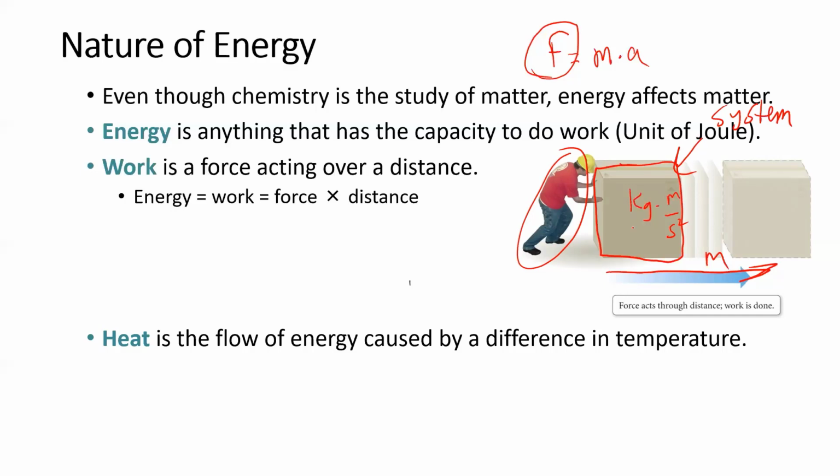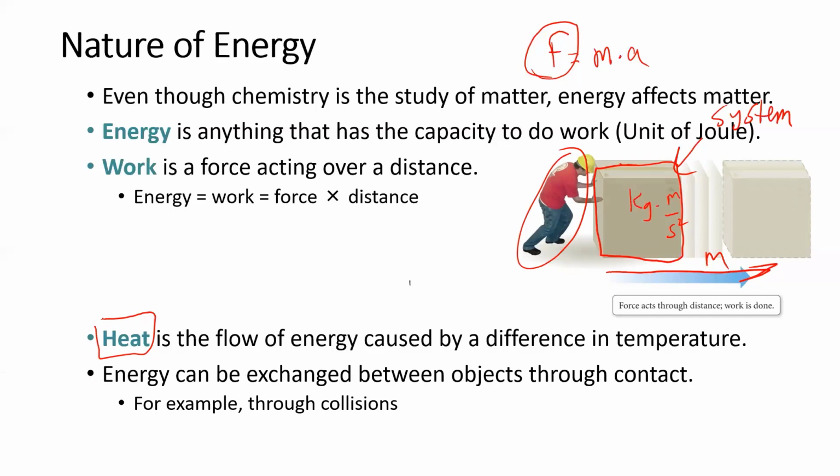Well, another form of energy that we must talk about, just like the example that I brought up with combustion, is the flow of heat. And the flow of heat energy or thermal energy is caused by a difference in temperature. So if something hot touches something cold, the heat from the hot is going to flow to the cold, right? That's why if you touch a hot frying pan, you'll get burned because there's a flow of heat energy to your hand.